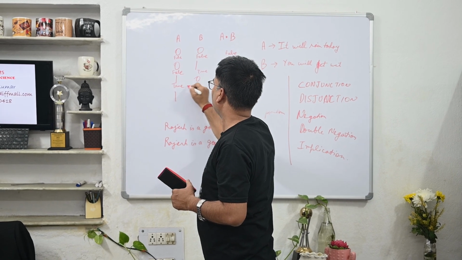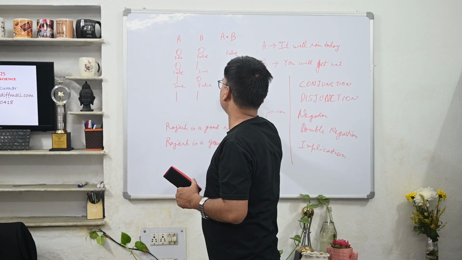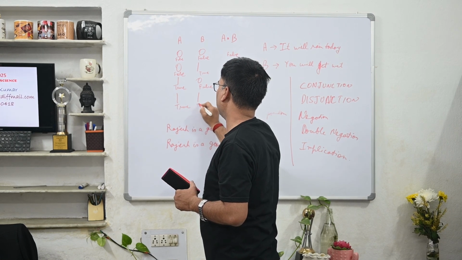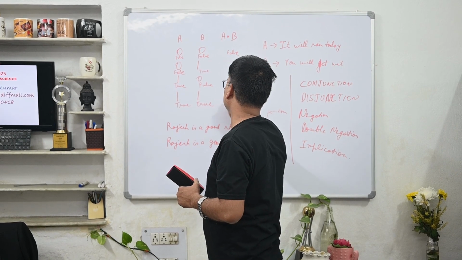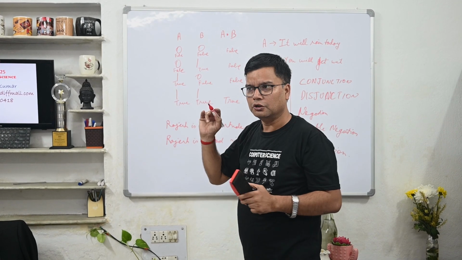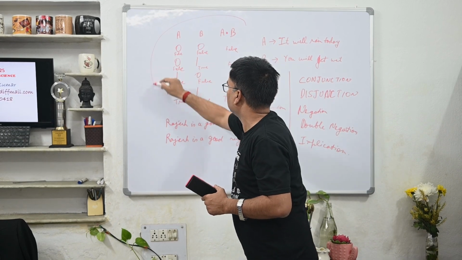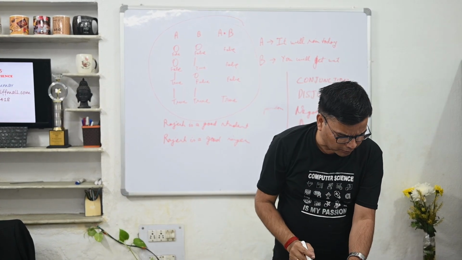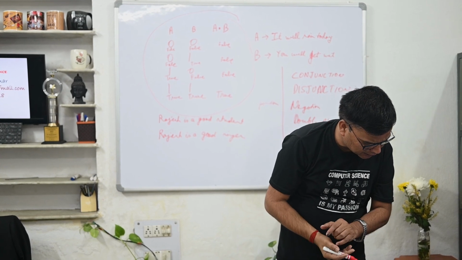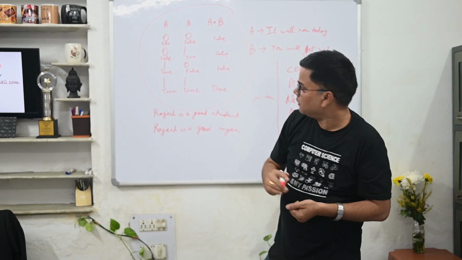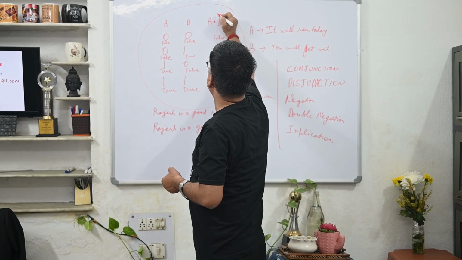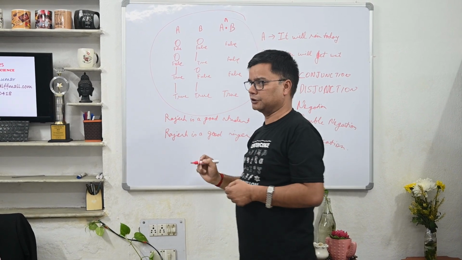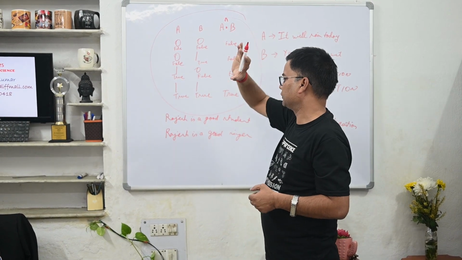True and false will result in false. True and true results in true. So this is the conjunction. We can represent it with the symbol dot, or we can use this other symbol to get the conjunction.